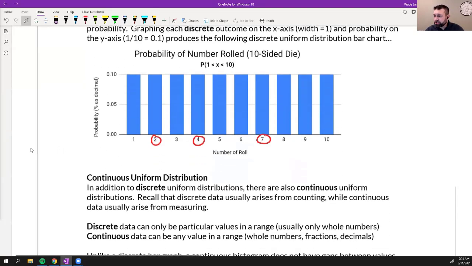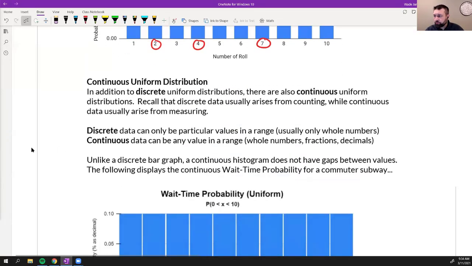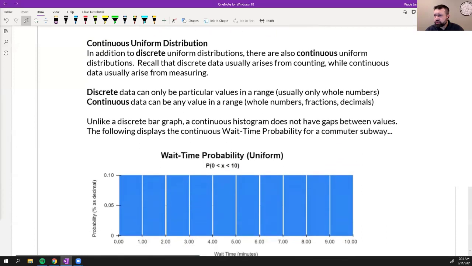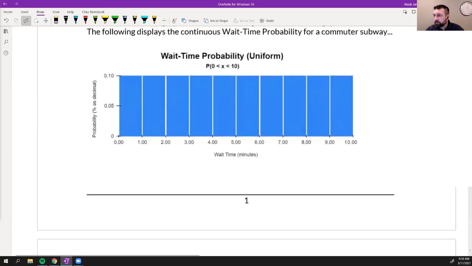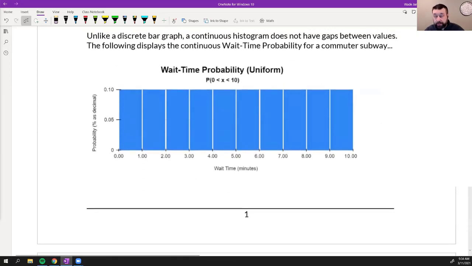It's not an option on a 10-sided die. And so we transitioned from a discrete uniform distribution into a continuous uniform distribution. In the continuous uniform distribution, you can have decimal values and fractional values and values in between the whole numbers. The example we had here was waiting for a subway to arrive, and the subway arrives every 10 minutes.